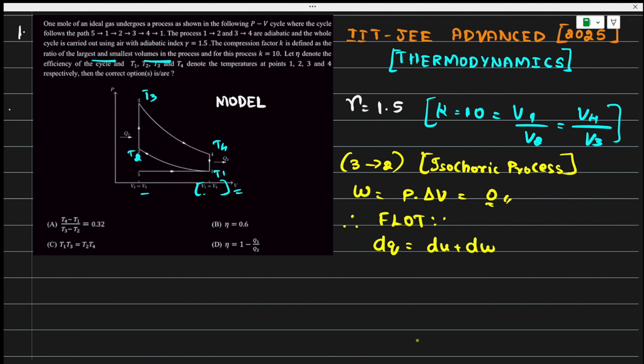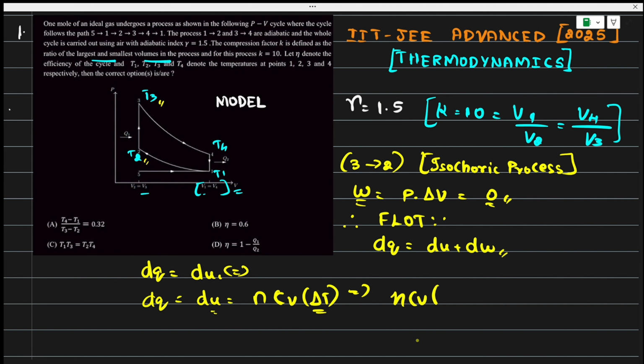Since work done is 0, dq is equal to du, which is nCV delta T. Here the process is going from 2 to 3, the final temperature is T3 and the initial temperature is T2. So nCV (T3 minus T2).